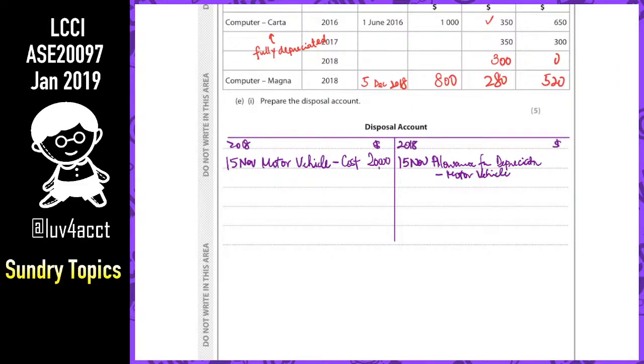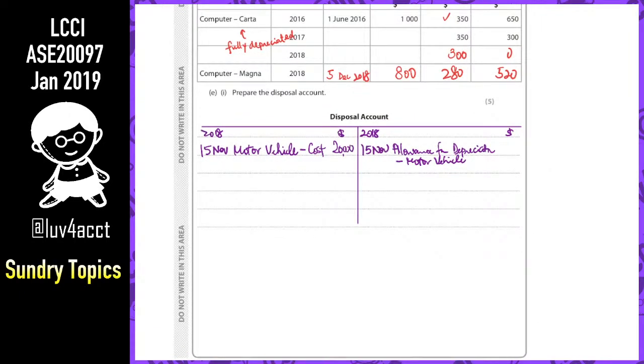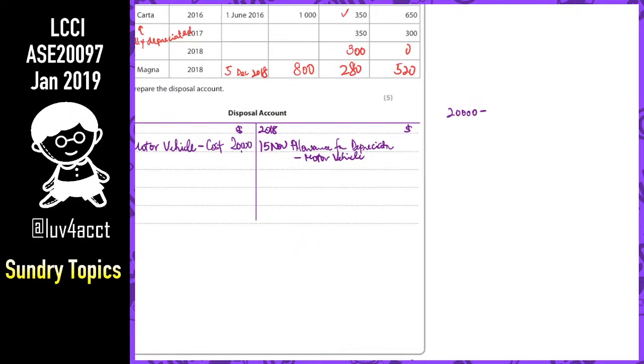Because we have more than one asset, it is important to distinguish. We have allowance for depreciation for motor vehicles, and we have allowance for depreciation of the computer. For 2 years depreciation, you can calculate one by one, or usually I would do something like this: 1 minus 20%, squared, for 2 years.